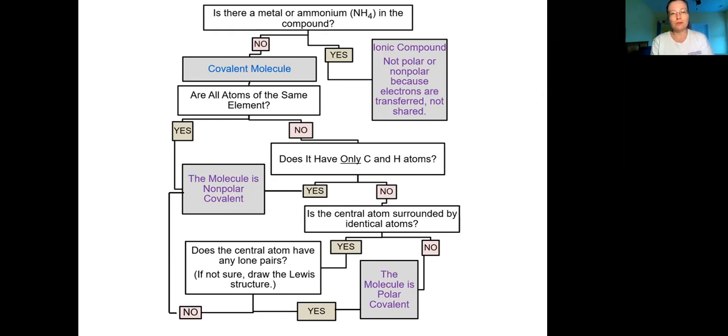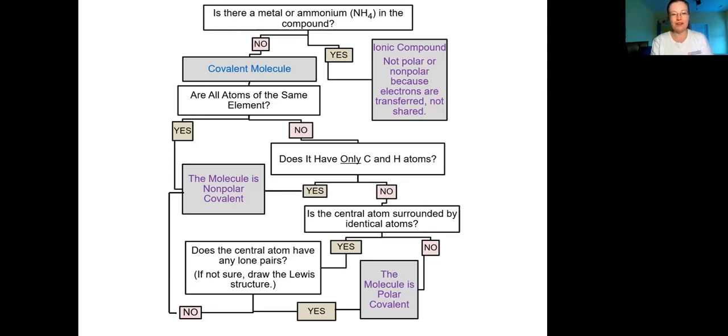The molecule is polar covalent. And that's exactly what we were saying before. Water has a partially negative side where the oxygen is, a partially positive side where the hydrogen is, due to unequal sharing of the electrons in the bonds. So water is a polar covalent compound.